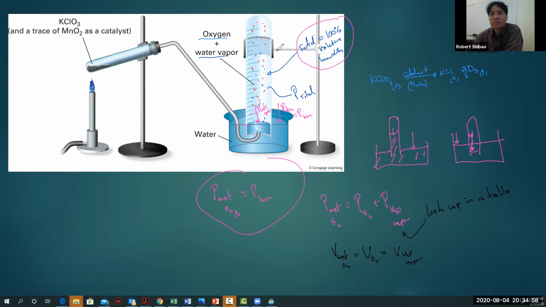It's easier just to measure the total volume and then realize that the oxygen is free to move in that total volume. So it's the same, except if we get rid of the water vapor, the total pressure will be lower.